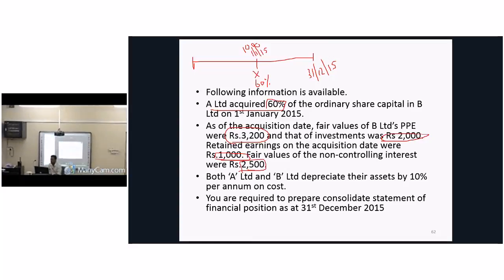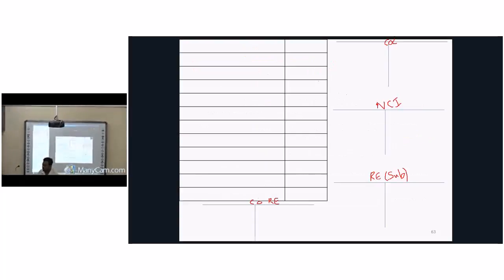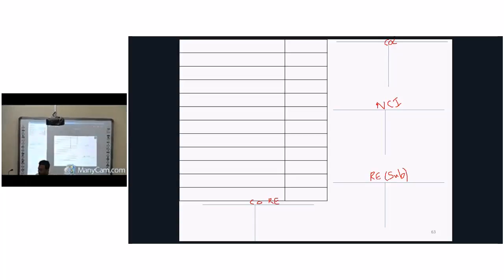We can pass these too. Retained earnings on the acquisition date means pre-acquisition reserves. We can account for pre-acquisition reserve here. 1000, retained earnings of subsidiary debit 1000 and credit to cost of control account. This is pre-acquisition reserve.